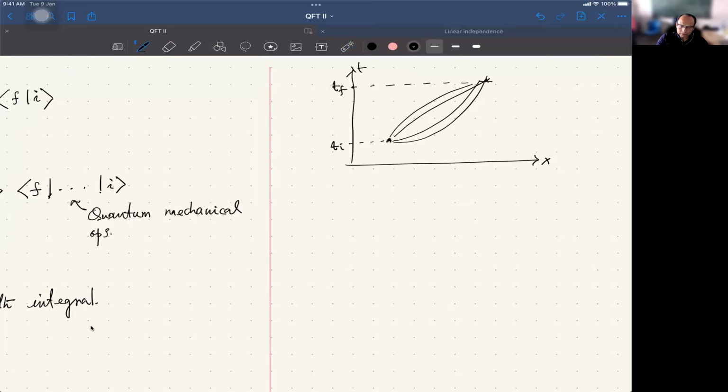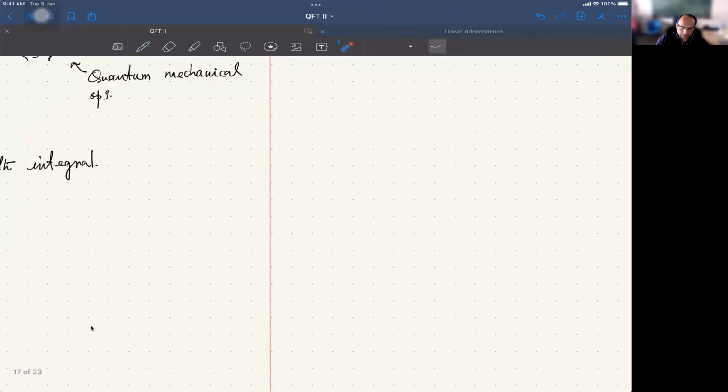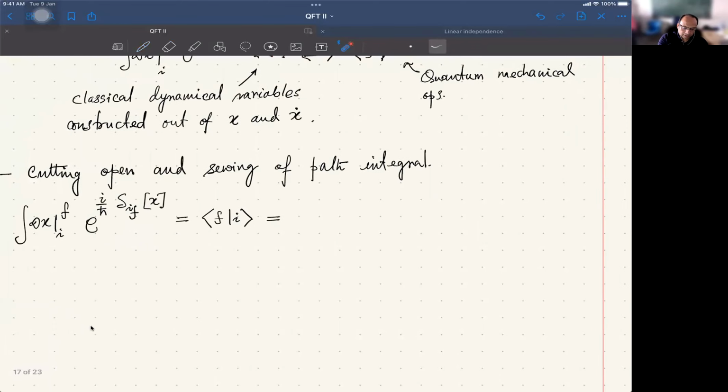But choose an intermediate time t and cut the path integral open at this point. This is the entire set of states at this level t. That is the identity operator that you are inserting, and therefore you would be writing ∫dx ⟨f|x,t⟩⟨x,t|i⟩.